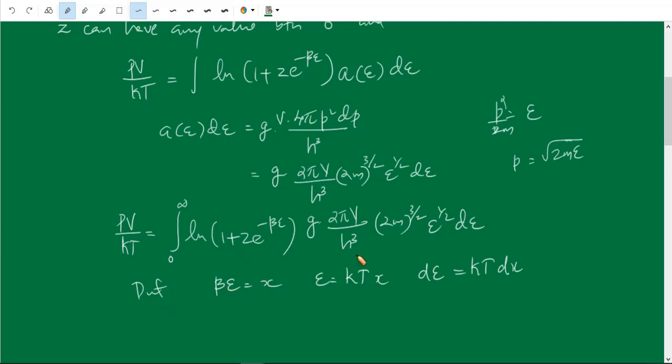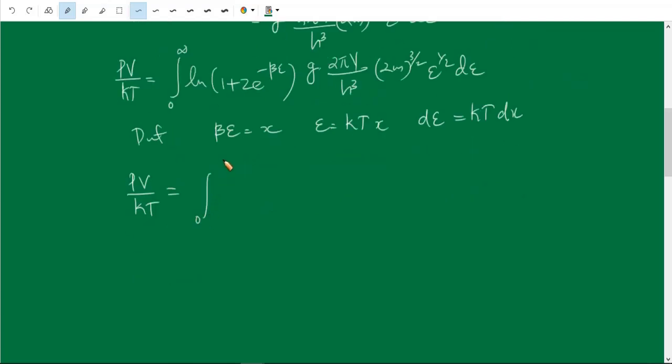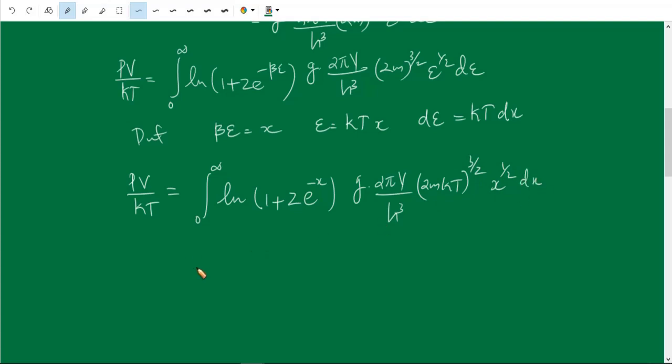So substituting these values in the above expression, we get PV divided by kT is equal to the integral from 0 to infinity of log(1 + z e^(-x)) into g 2πV divided by h³, where (2m kT)^(3/2) x^(1/2) dx.